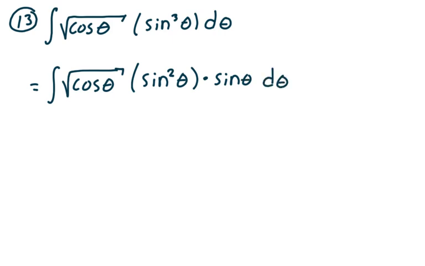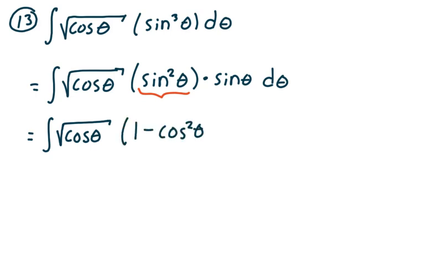But remember, sine squared theta is 1 minus cosine squared theta. Because what am I trying to go for? I'm trying to go for a substitution that will get rid of all the thetas. That's the goal. So I have the square root of cosine theta times 1 minus cosine squared theta times sine of theta d theta.